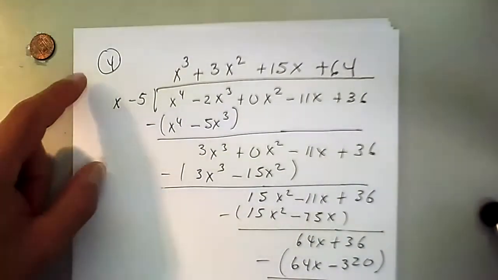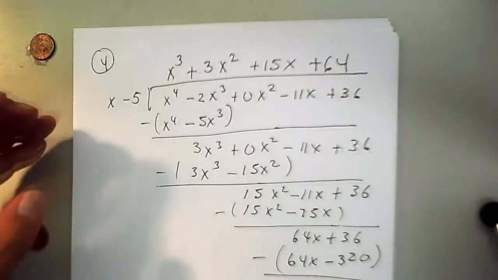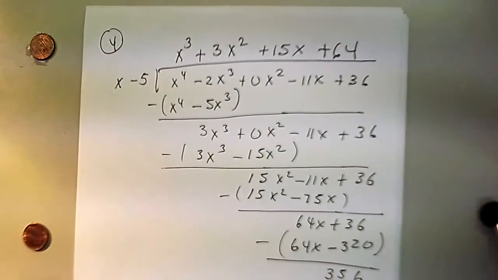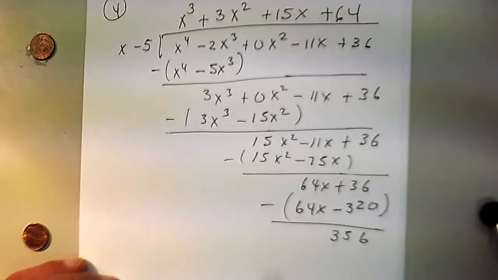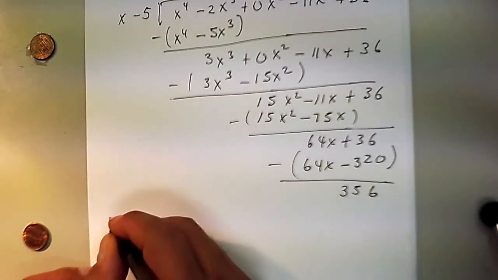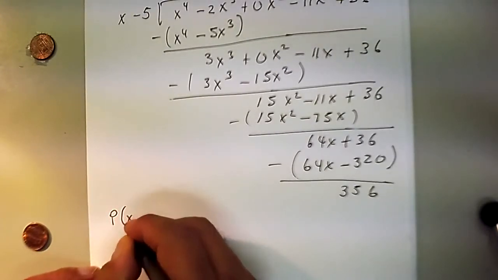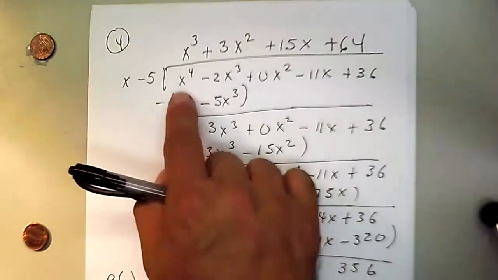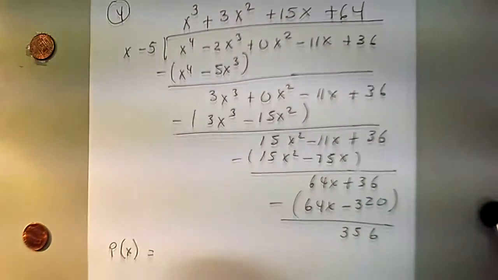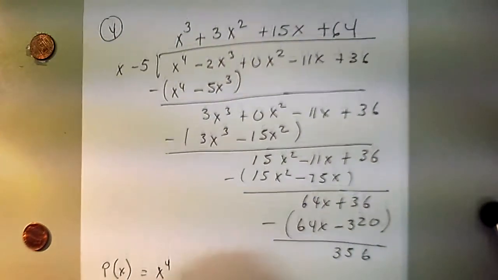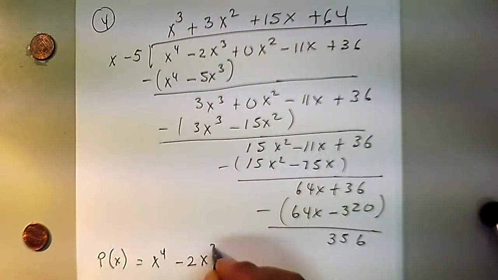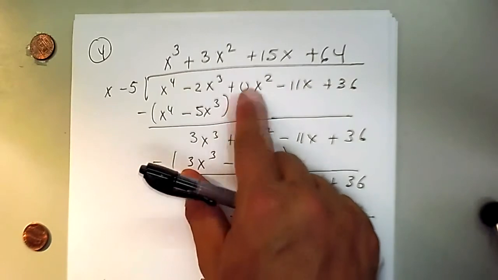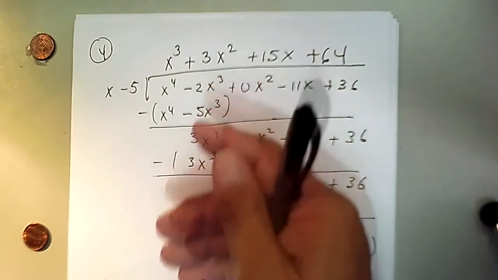Okay, so we're going to milk this example with a bunch of pieces of information. The first one is, let's say we have a function p of x, which is going to be this polynomial, x to the 4 minus 2x cubed minus 11x plus 36. There's no need to divide because we're not dividing.